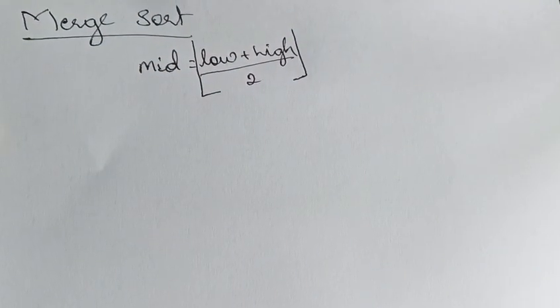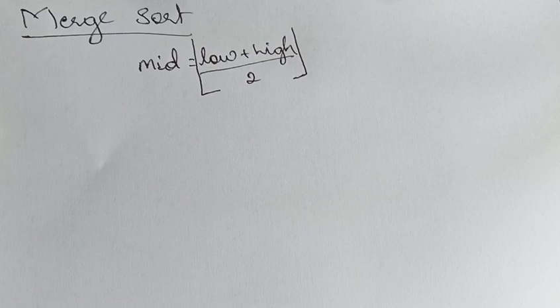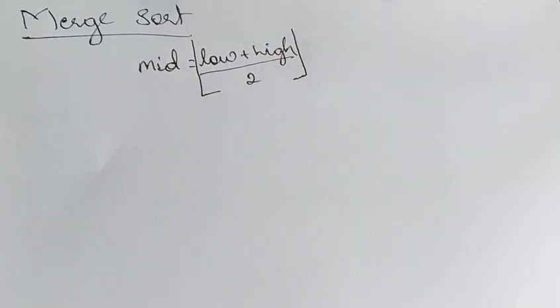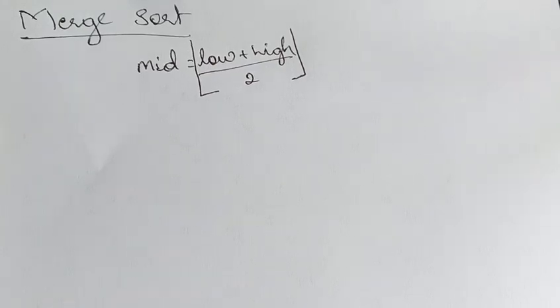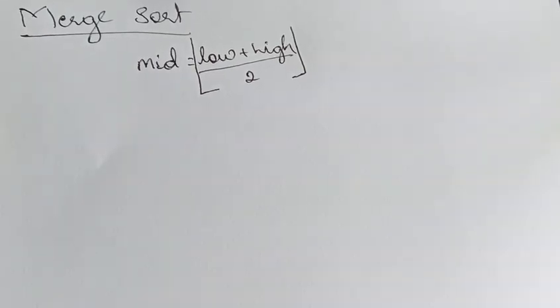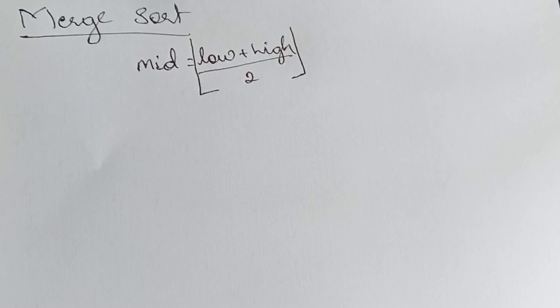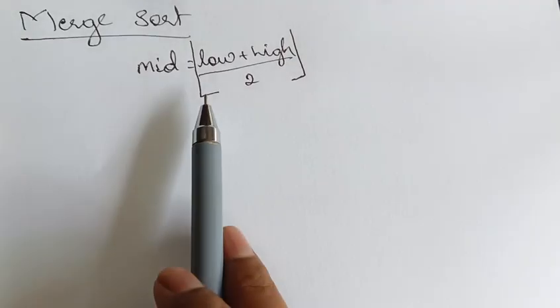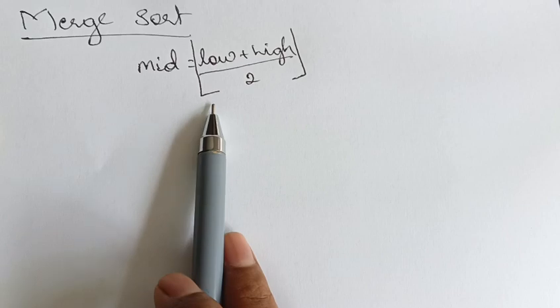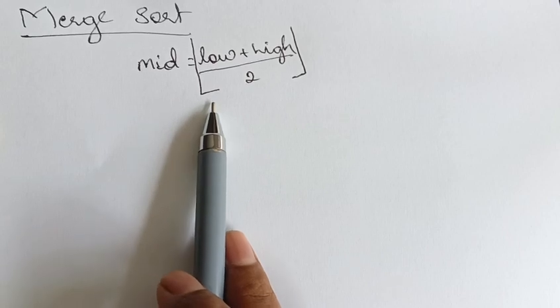What do we mean by flooring function? We'll get a decimal number if we divide some number by 2. For example, 5 divided by 2 gives 2.5. In an array index we won't have any decimal number. To convert this decimal to a whole number, we use the flooring function. We have two things, flooring and ceiling function.